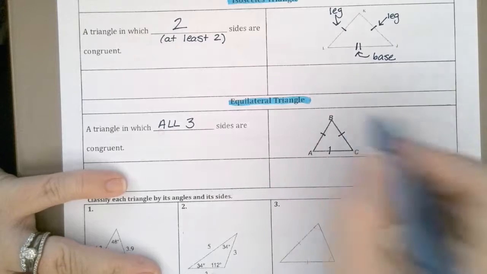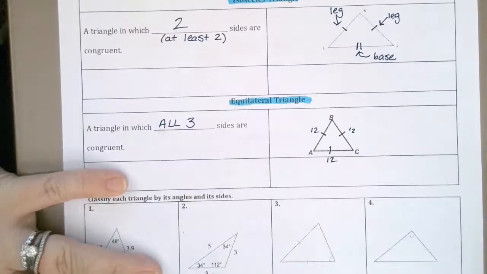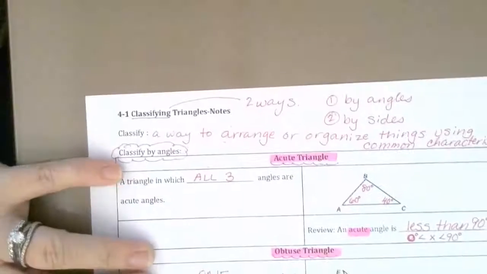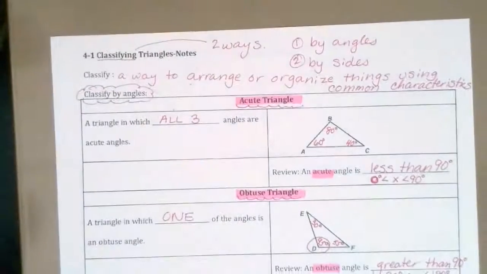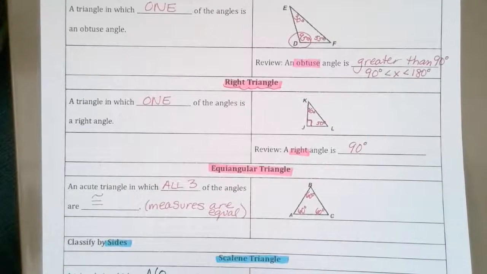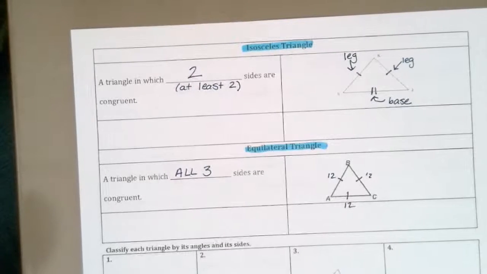If you put numbers with them, you could say 12, 12, and 12. All the sides are the same length. Okay? So how many options do we have for angles? We have 4. We could call it an acute triangle, an obtuse triangle, a right triangle, or equiangular. Those are our angle options. For sides, we have scalene, isosceles, and equilateral. So 4 options for angles, 3 options for sides.